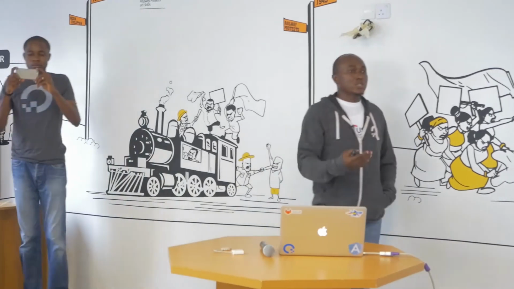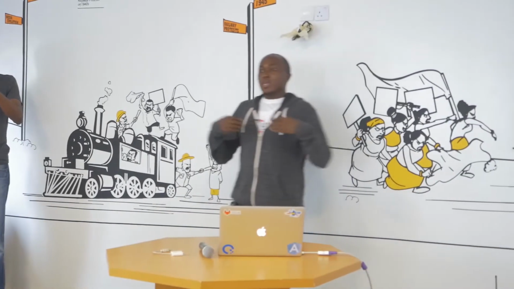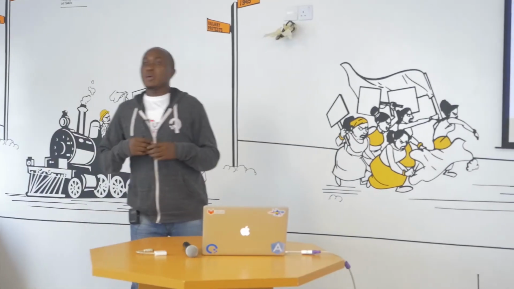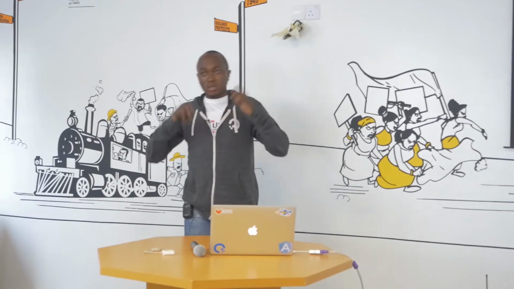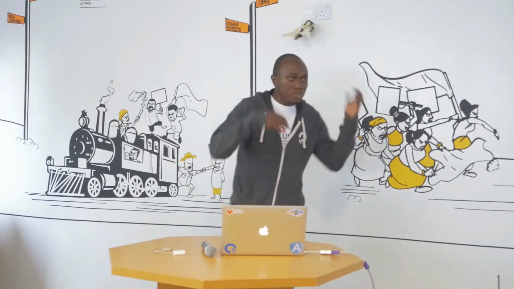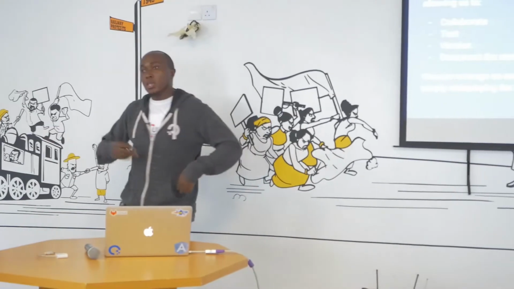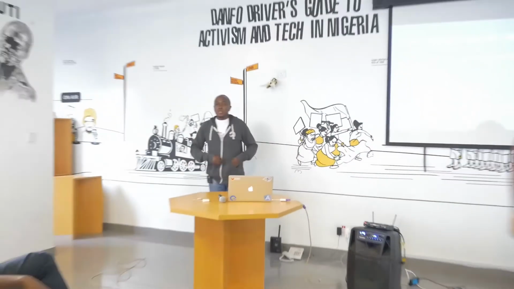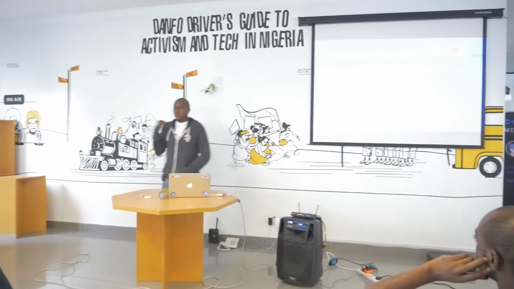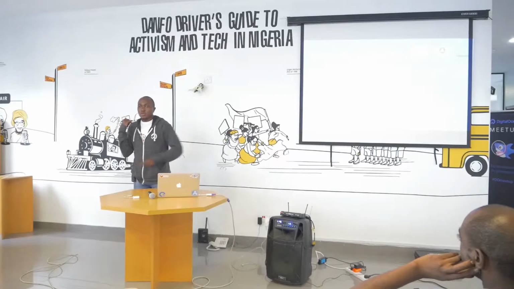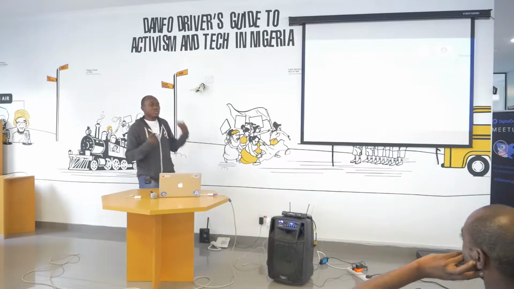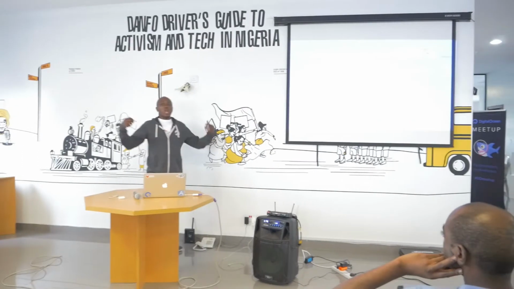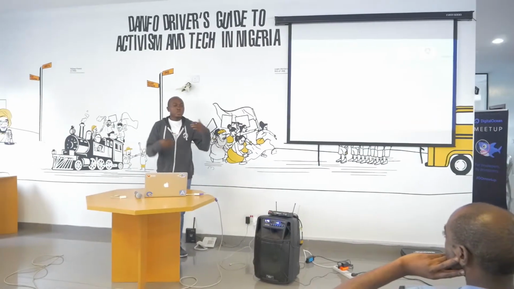Now we have infrastructure as code, where instead of, as the first speaker was talking about, someone, the guru of the company, deploying something off the top of his head, no documentation, nothing, and he will just go. The next time he leaves the company, you have to be looking for him up and down. What is the password? What did you set here? And so on and so forth. But with infrastructure as code, it allows people to collaborate to build infrastructure.